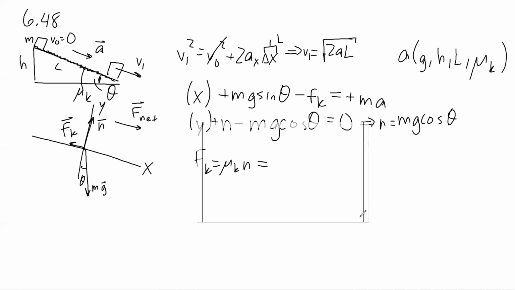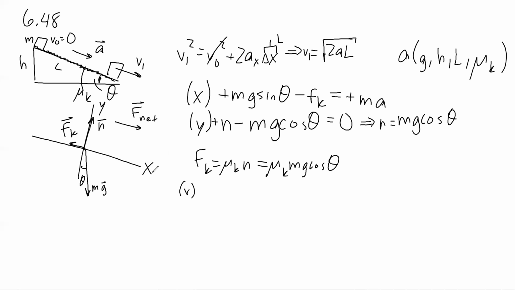So this equals mu sub k mg cos theta. And you see that once you do that, you can actually plug it back into x, right? And that becomes plus mg sine of theta minus mu sub k mg cosine theta equals plus ma.